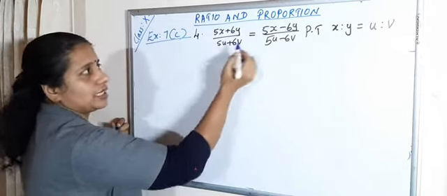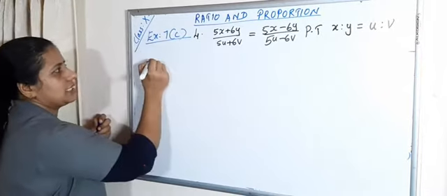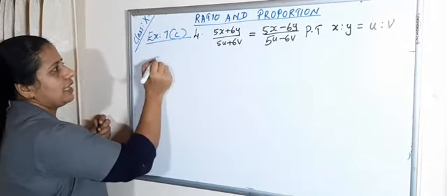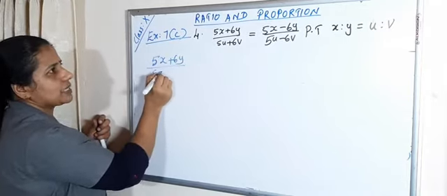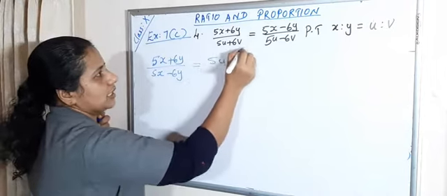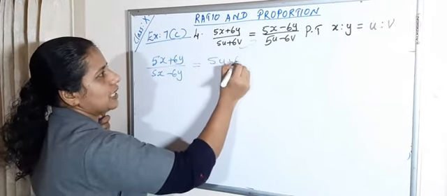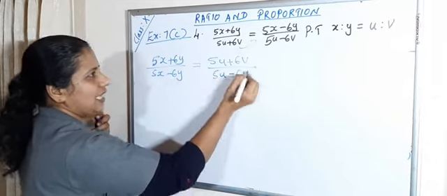So do one thing. Take this xy to the LHS part. We will get (5x + 6y)/(5x - 6y) equal to, taking this part, (5u + 6v)/(5u - 6v).